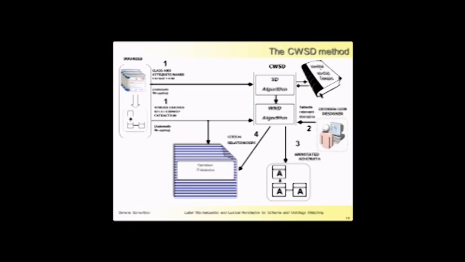CWSD executes first the SD algorithm and after the WordNet Domains disambiguation algorithm. In particular, during the last one, the integration designer selects the relevant domain for the schemata, for example, commerce, business, and so on. The outputs of the method are the local schemata annotated and the set of lexical relationships which are collected together with schema-derived relationships in the common thesaurus.